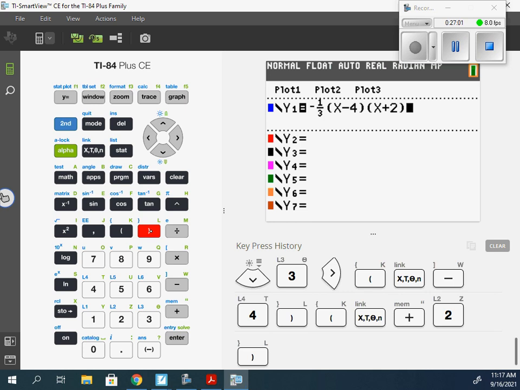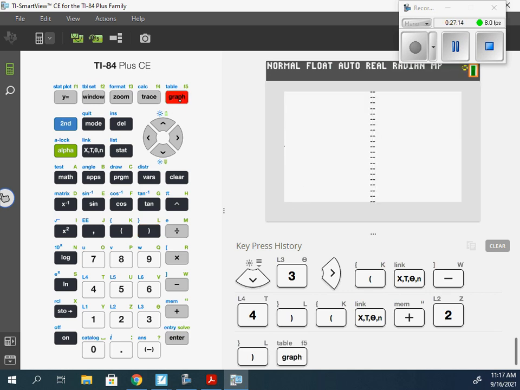And we have the whole function typed in. Any questions on this here? Now we can go on and graph it to see what the graph looks like.